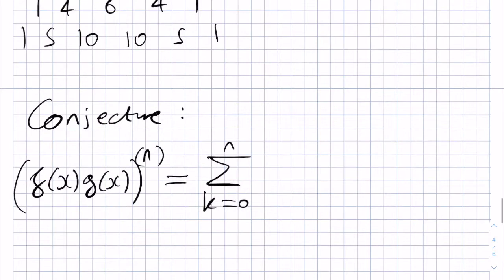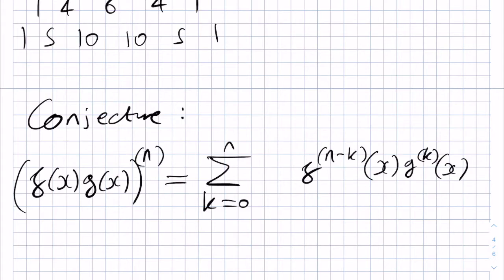So this will be a sum from k equals 0 up to n, where we're going to index each of our terms in the sum by k, and each term in the sum will look like f with n minus k derivatives times g with k derivatives.